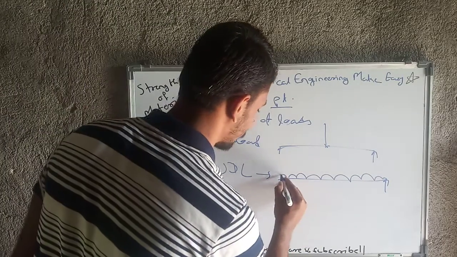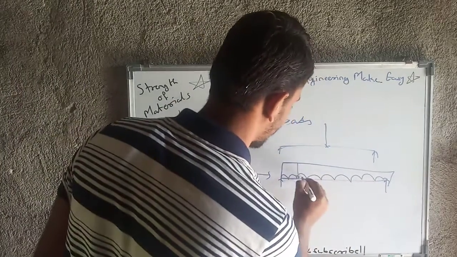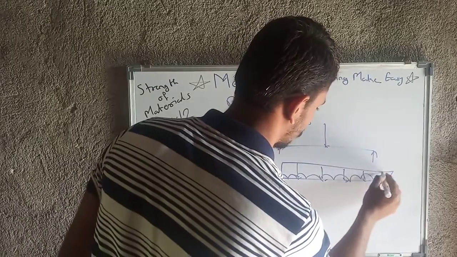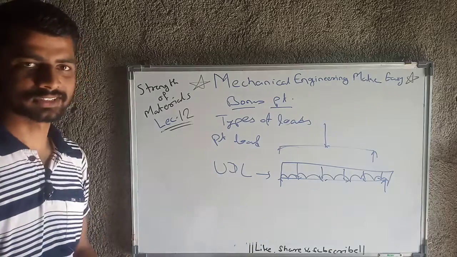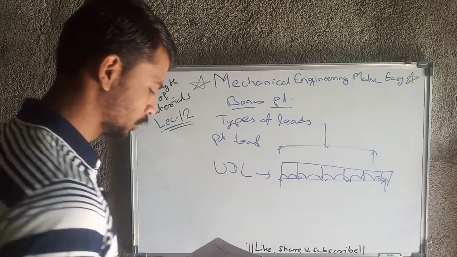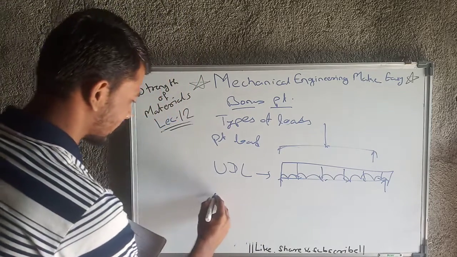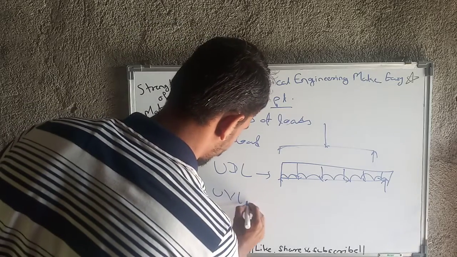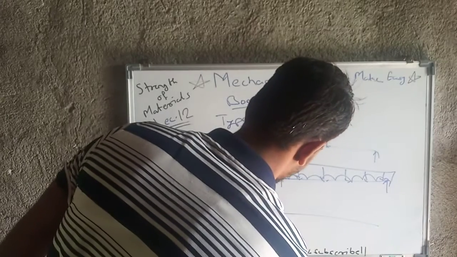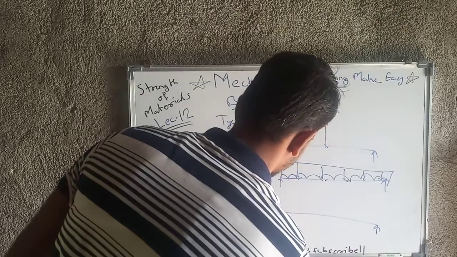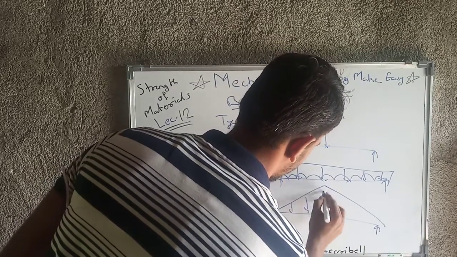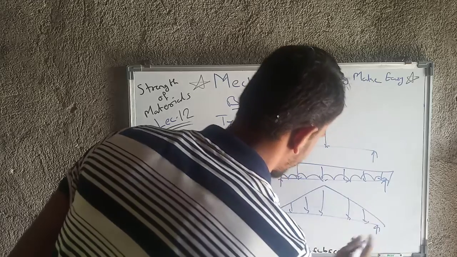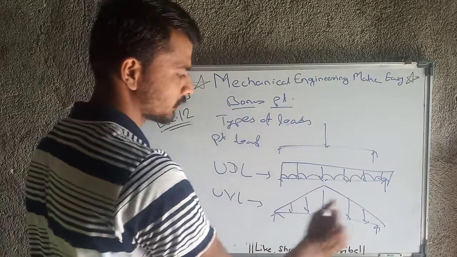You can denote it by such a rectangle also, or by such a figure that I have drawn the first time. This is nothing but UDL. Then there is the case of UVL, that is uniformly varying load. Uniformly varying load means the load is not constant at any point; the load is varying continuously.